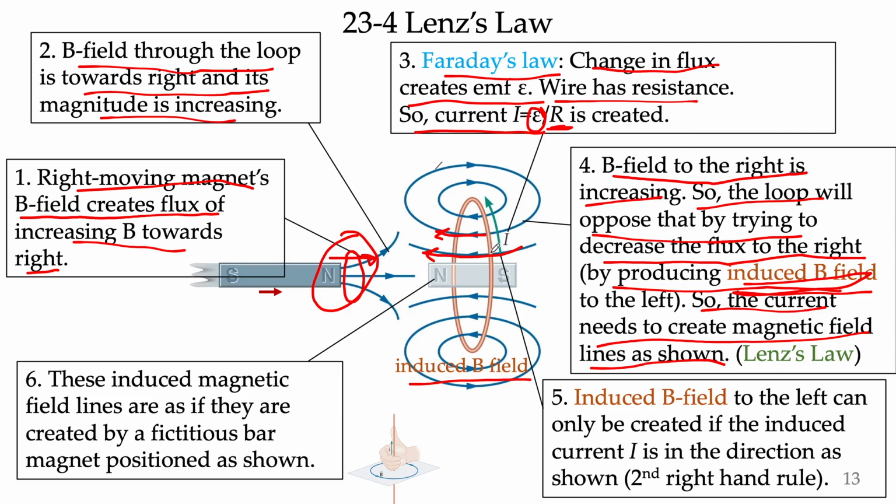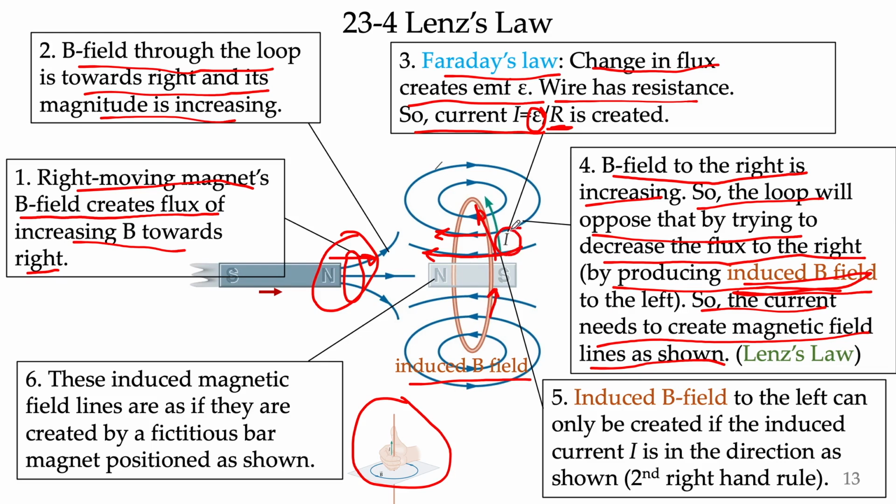To be able to induce such a magnetic field, now use the second right-hand rule here. To create an inside magnetic field to the left, you have to have a current in this direction, as shown here. So this is the induced current, and you can check it.